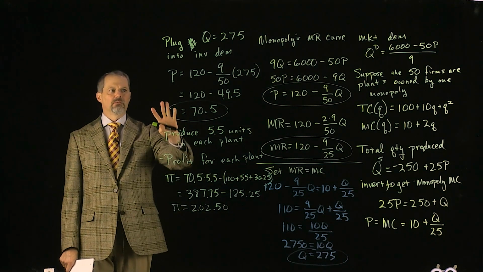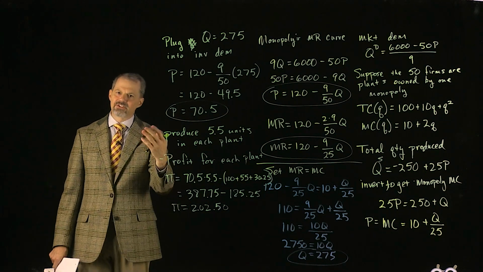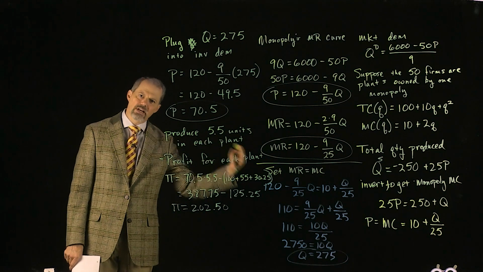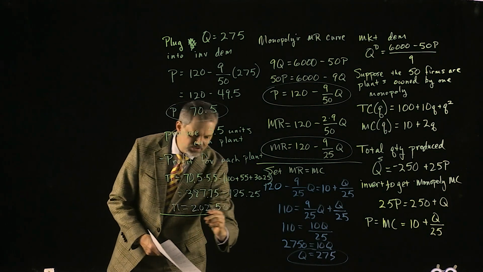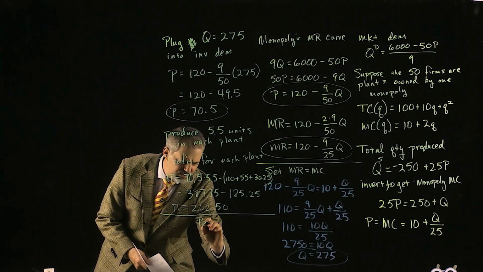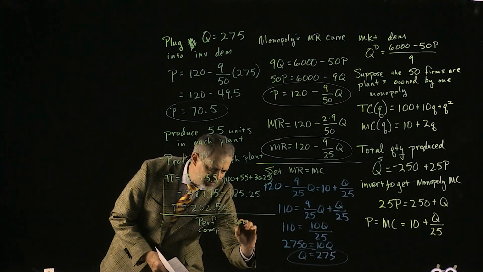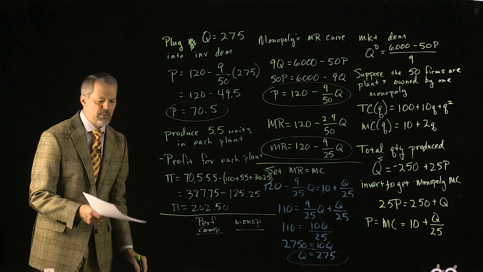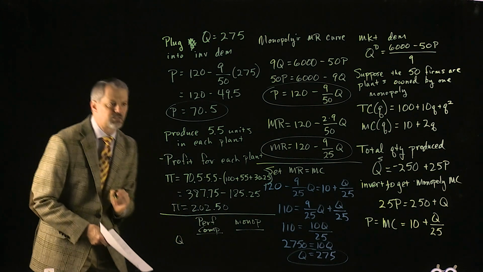So this is a nice simple problem that allows us to compare what happens with perfect competition with what happens with monopoly. So let's draw a line here and let's just compare the two. So if we think about perfect competition versus monopoly, we can think about the quantity that's produced.